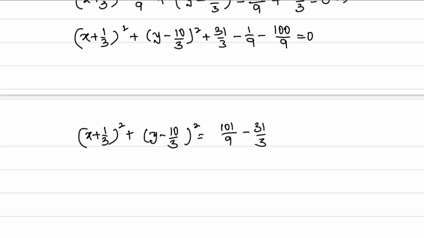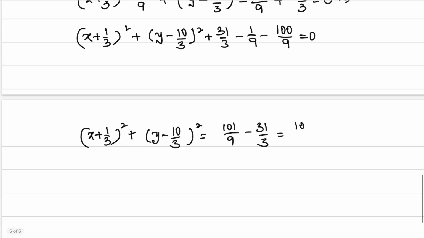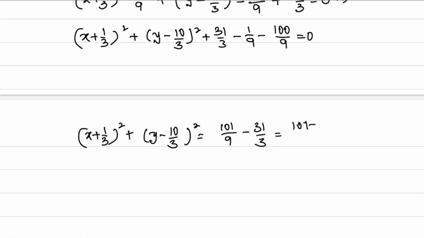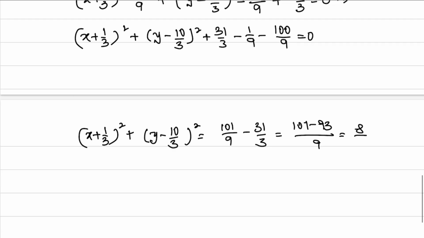minus 31 by 3. That is equal to 101 minus 3 into 31, which is 93, whole divided by 9. That is equal to 8 by 9.